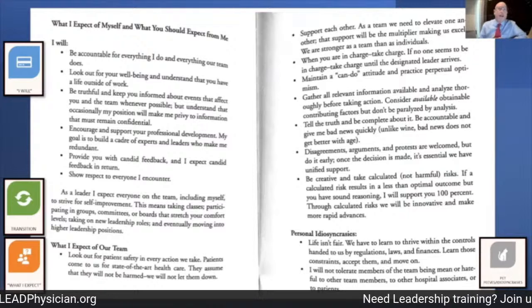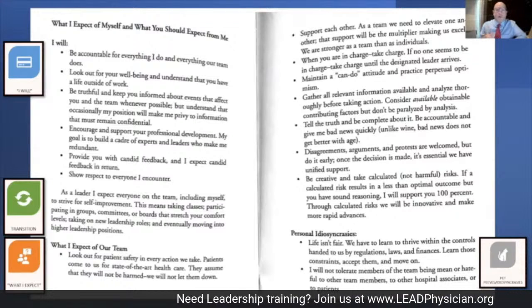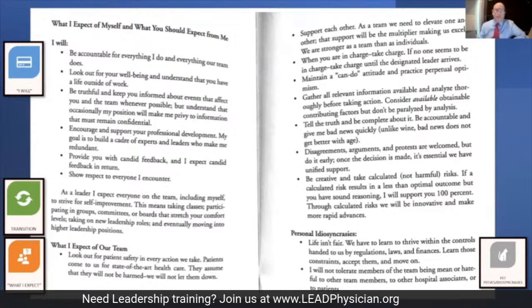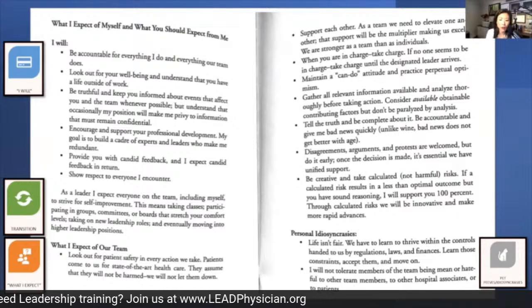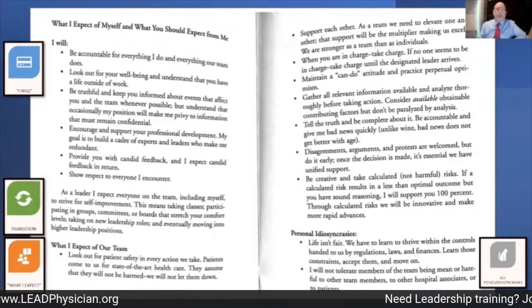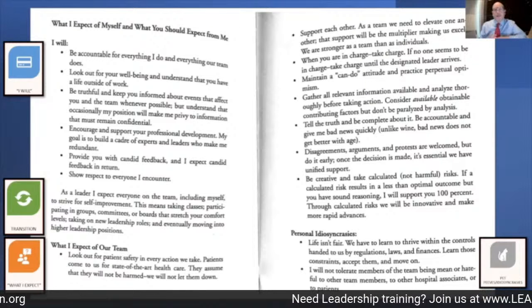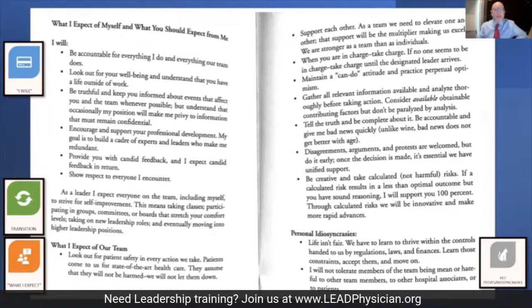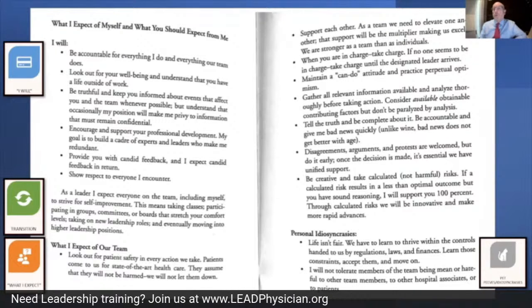I did not know he already had one when I shared mine with him. He turned around and gave me his own, and he already had it written. What was the kind of feedback you got from people when you showed it to them? It's actually interesting at first, and I talk about this a little bit in the book, that when you first share the leadership philosophy, a lot of people don't know what to do with it.